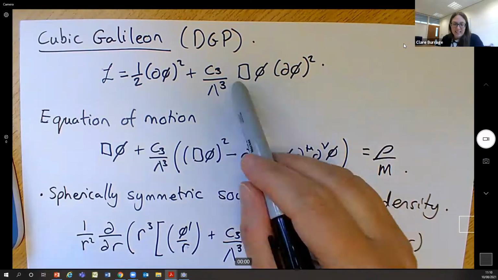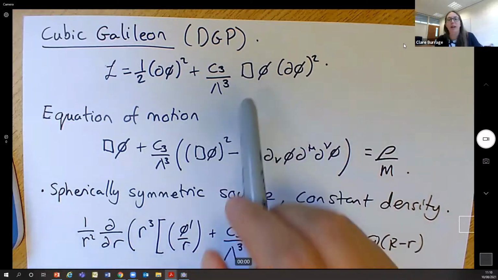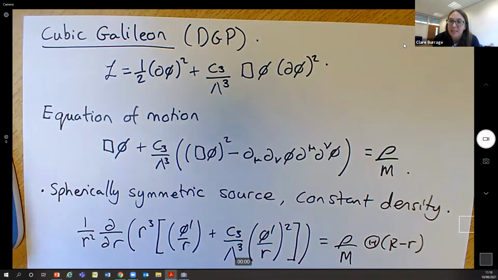This higher derivative operator, because one of the things that we're so often told is that your Lagrangian should be such that your equations of motion end up being second order in derivatives, right? That's what we need. We certainly need second order in time derivatives to ensure that we don't get instabilities, that we don't get ghosts.